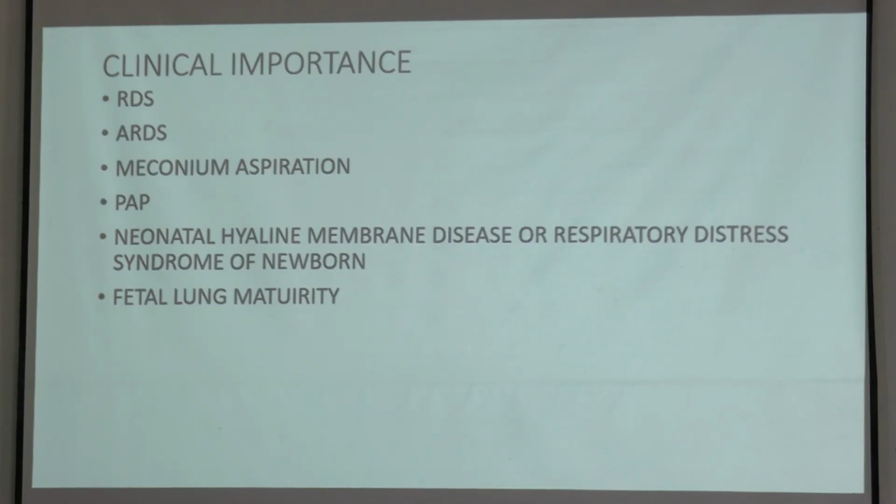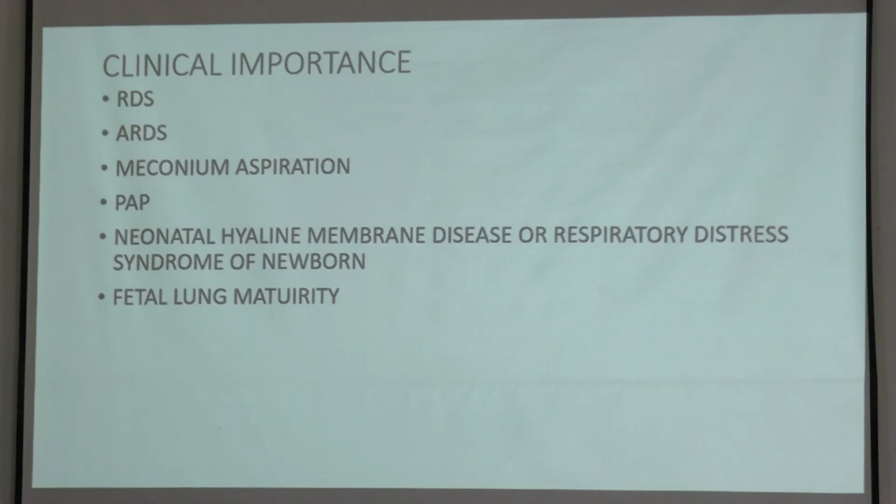If the lecithin by sphingomyelin ratio is less than 2:1, that means the baby's lung surfactant is reduced. The L/S ratio should not be less than 2:1.